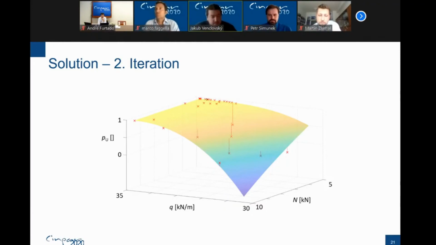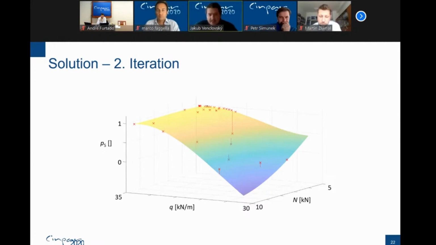But it is not a problem, because the regression is weighted. It is weighted in a way that the closer the value is to the desired value, the higher the weight, and therefore large differences don't matter. And here is the same for the probability that SLS will be satisfied, with the black cross being the final solution.